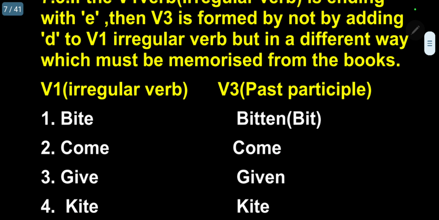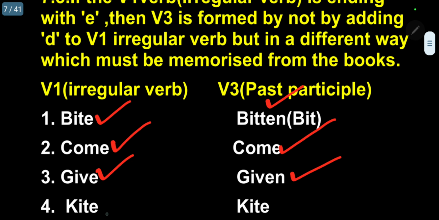Some simple examples I am giving, kindly follow. In alphabetical order I am giving. Irregular verb, bite, bitten. Come, come. Give, given. Please follow. They are different from the past tense V2 verb.